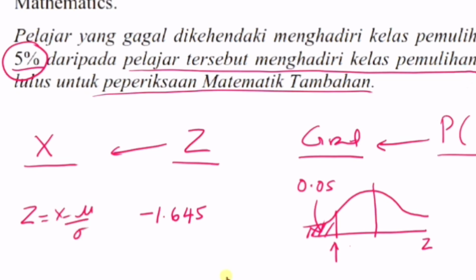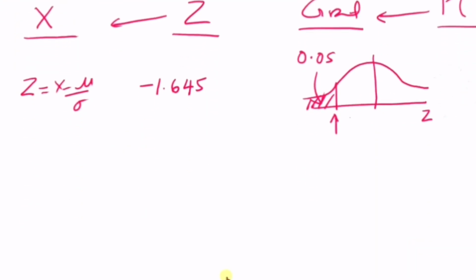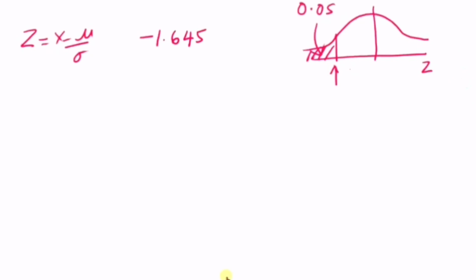Remember the formula? Z equals x minus mu over standard deviation. So negative 1.645 is equal to m, the one that we want to find, minus mean, still 48, over standard deviation, which is 6.